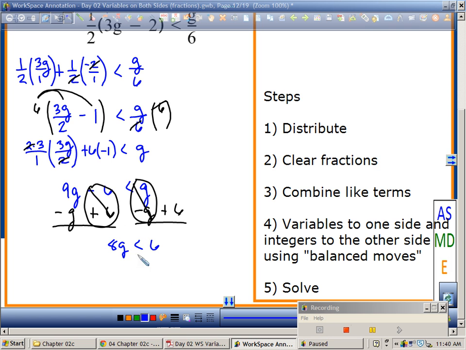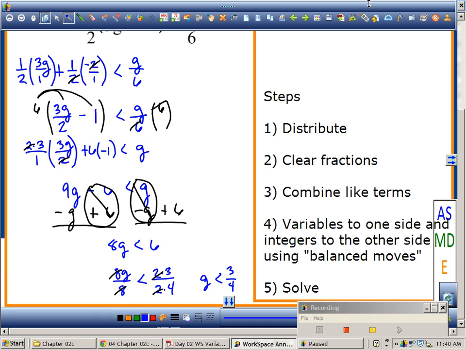Well, that's not fun, right? Let's divide. 8g divided by 8 is less than, let's break that up, 2, 3 over 2 times 4. Does that work? 8's go away, 2's go away, so what does g equal? Our g is less than 3/4. Good job, guys.